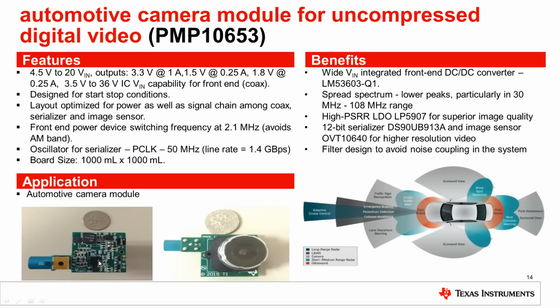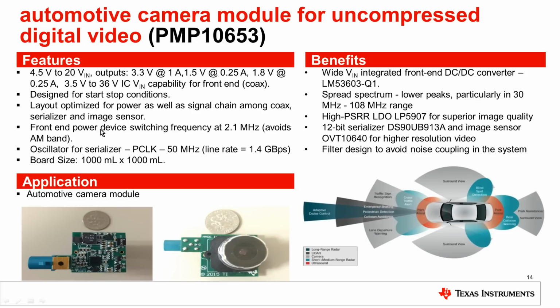PMP10653 is an automotive camera module reference design for an uncompressed digital video system. This particular design is designed for start-stop conditions, and we have done a lot of layout optimization for power as well as the signal chain, which includes the coax filter, serializer and image sensor.